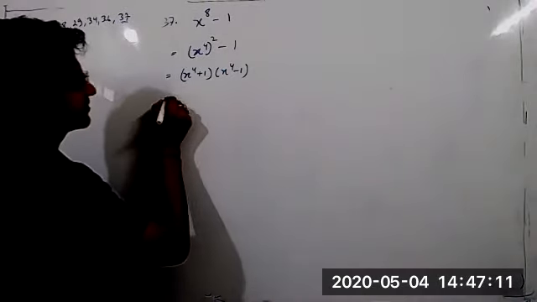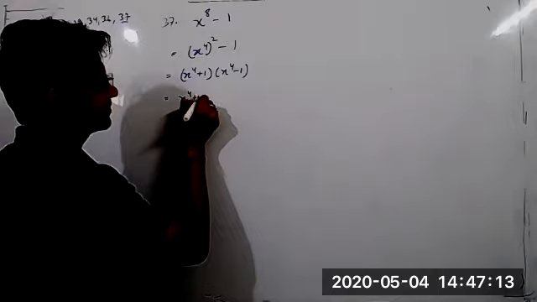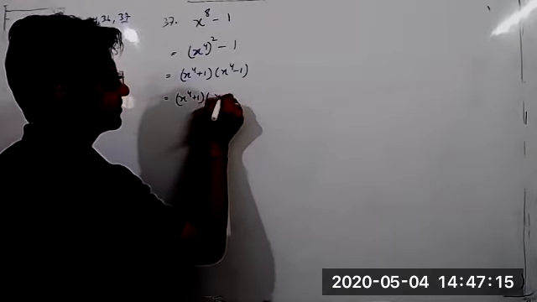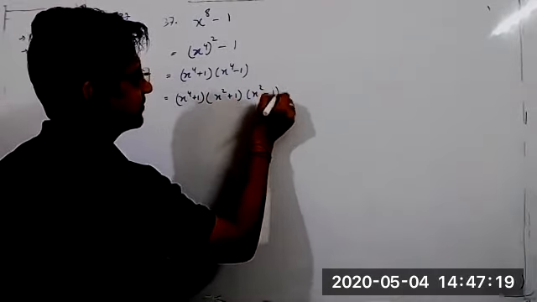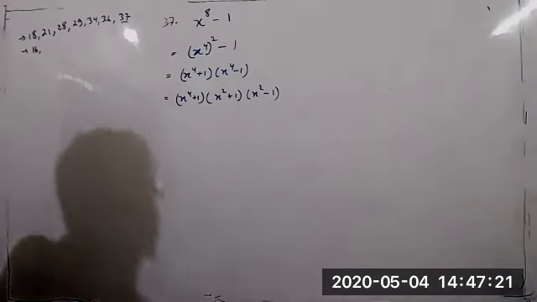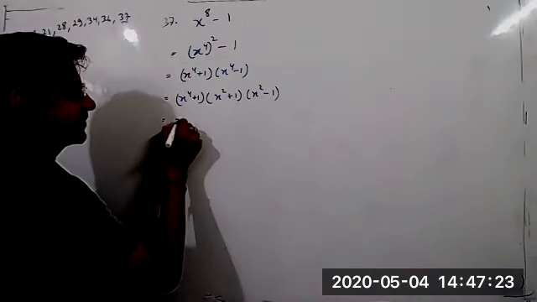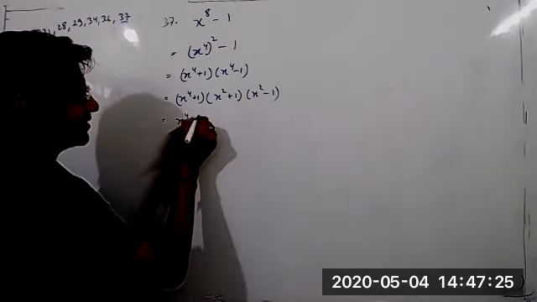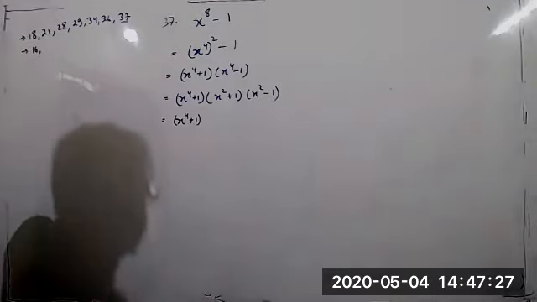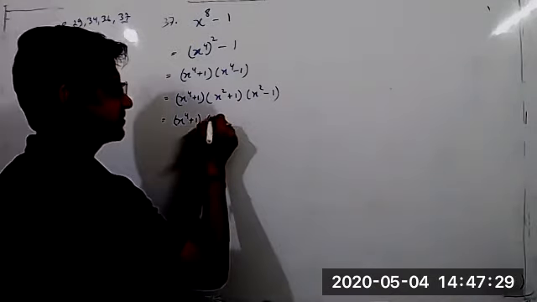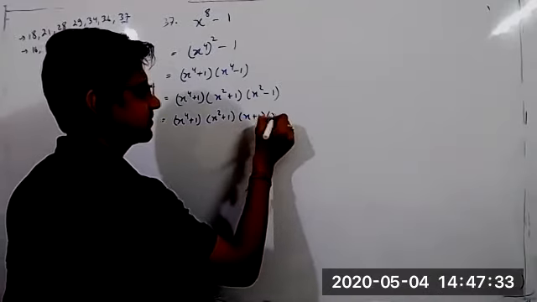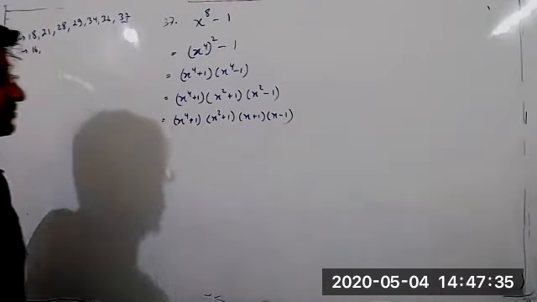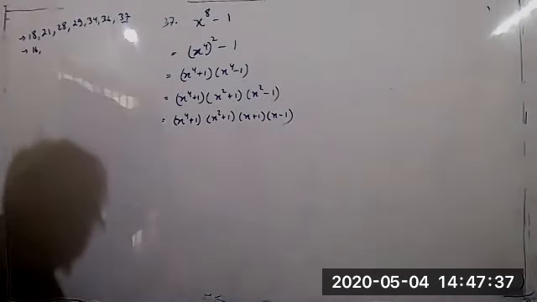Yes, sir. X to the power 4 is x square whole square. I know it. X to the power 4 I can write as x square whole square. Any doubt? Stop me if you have not understood any step. Any doubts?